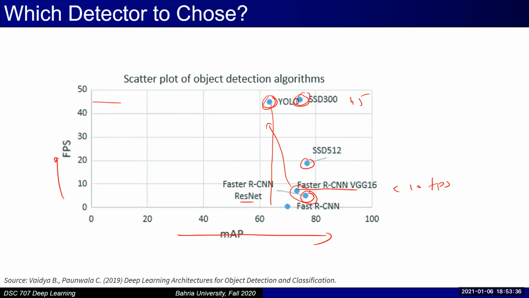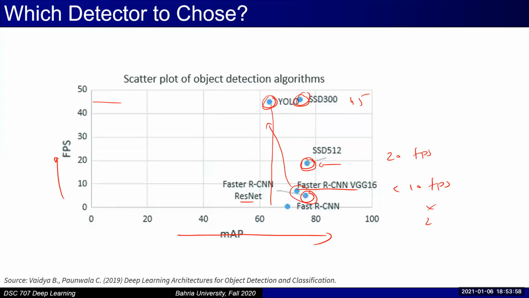But if you want to go for performance, maybe this is a better choice. And in between, you have a trade-off, which is not too bad in terms of performance. It is almost the same as Faster RCNN, but the speed is like 20 frames per second, which is more than 2 times of what you are getting with Faster RCNN, right?